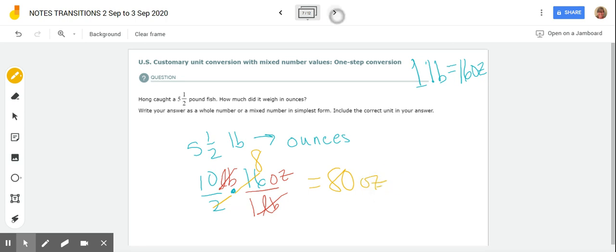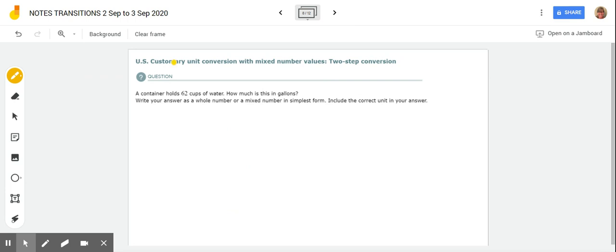Okay, next. Again, here's another one. 62 cups of water, how much is this in gallons? For that, you need to know that in 1 gallon, I spelled that in Spanish, galón. Okay, here we go. In 1 gallon, how many cups are there? Okay, well, maybe you don't know that.